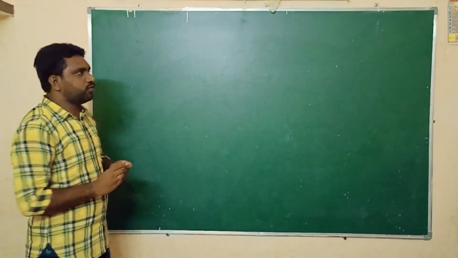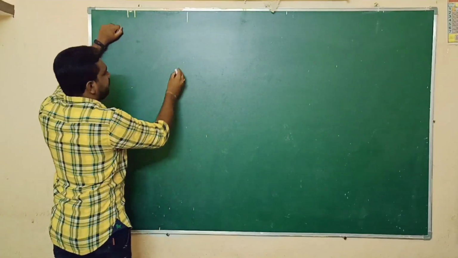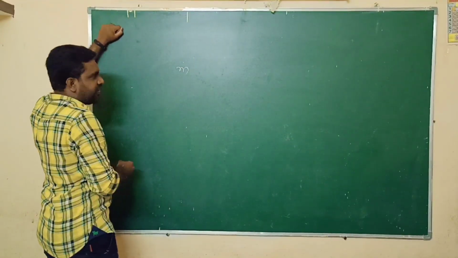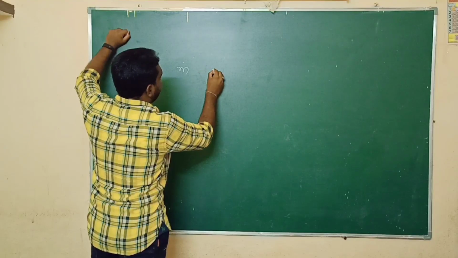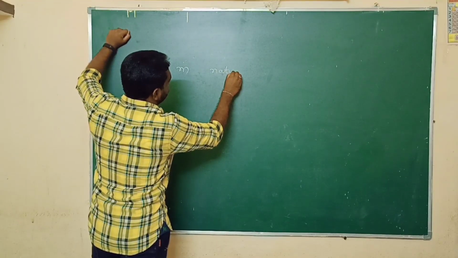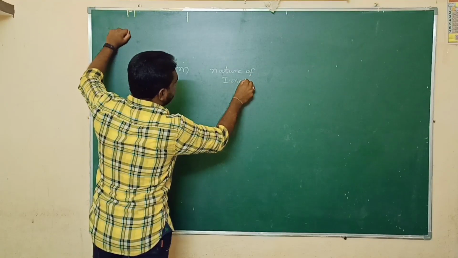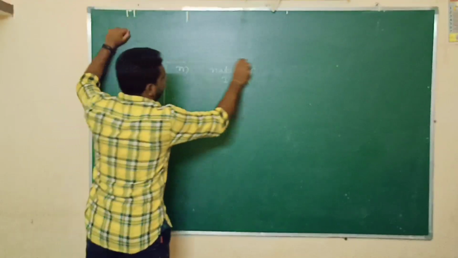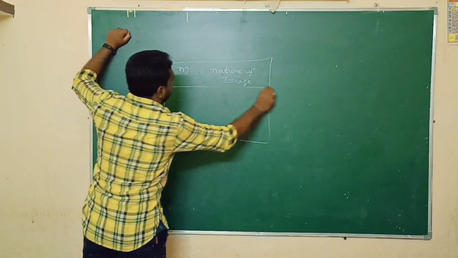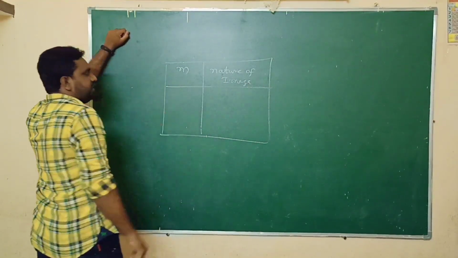So, table model questions. For example, we consider a question here. In this table, magnification is given, and you should write the nature of the image. That is the question here. He will give magnification, and based on that, you have to write the nature of the image.